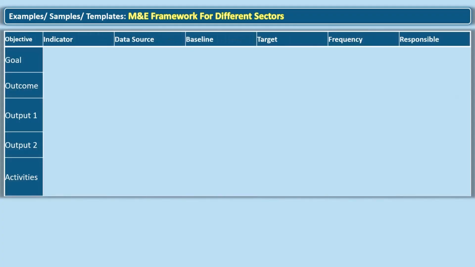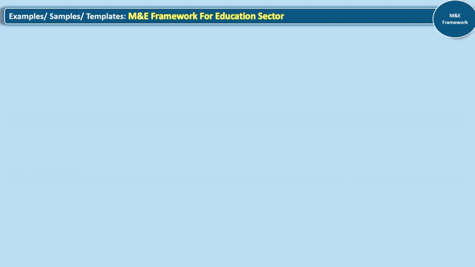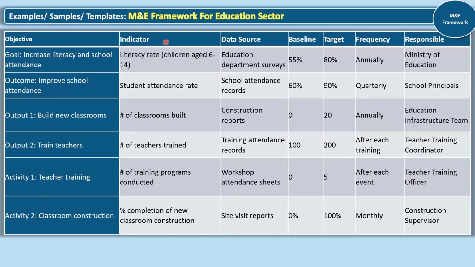For this also you can use a simple matrix or tabular form like this. Here we need the relevant indicators, data source, baseline value, target, frequency, and responsibility. Education sector M&E framework: we have extracted indicators and objectives from the logical framework, and here we added data source, baselines, targets, frequency, and who is responsible.